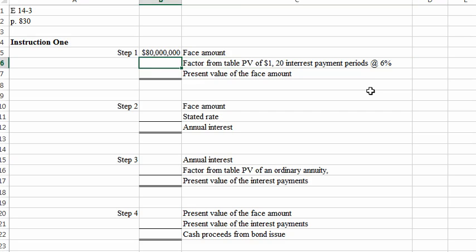So we go to the table, present value of $1 on P-2. We'll come down to 20 periods and across to 6%. I believe we found this factor already in the previous problem. 0.31180.